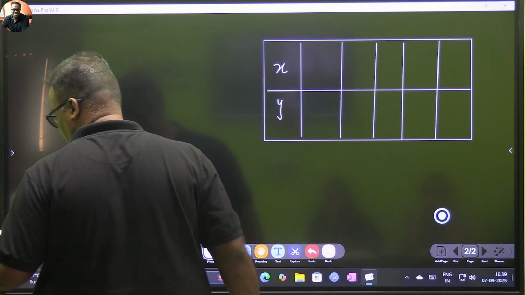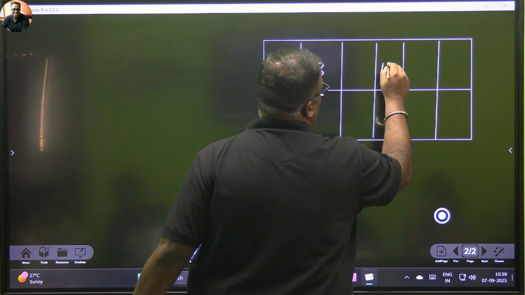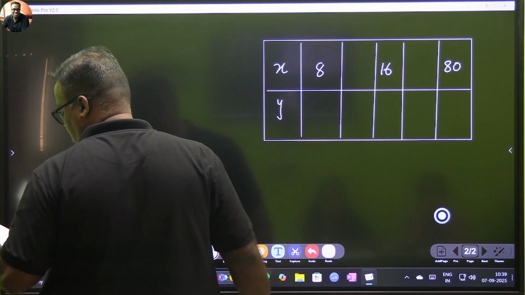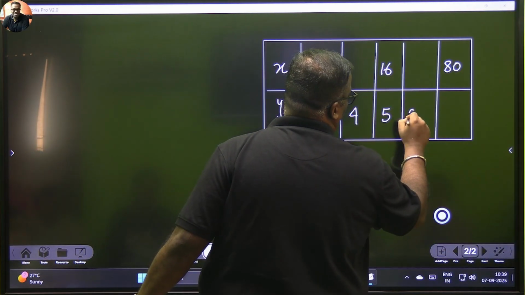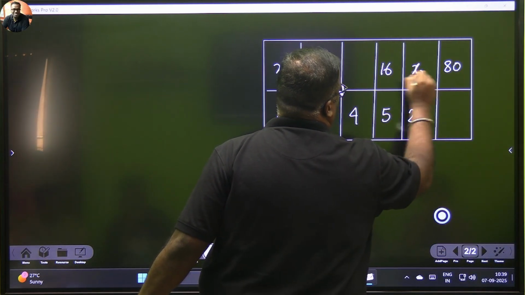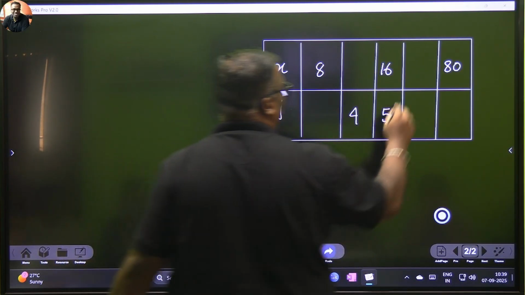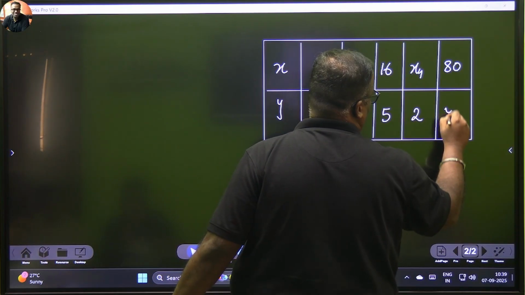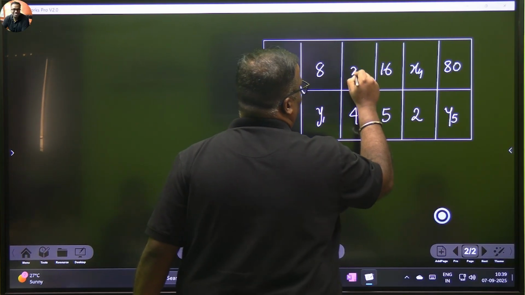The data given to us are 8, 16, 80, and they have given 4, 5, 2. That means this is x4, sorry, let's say this is x4, 4, 5, 2. This is y5, y1, x2.